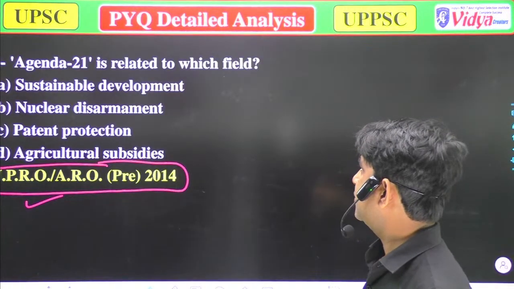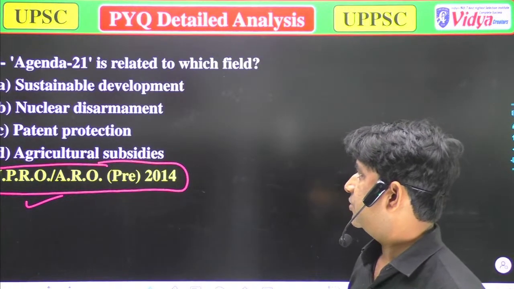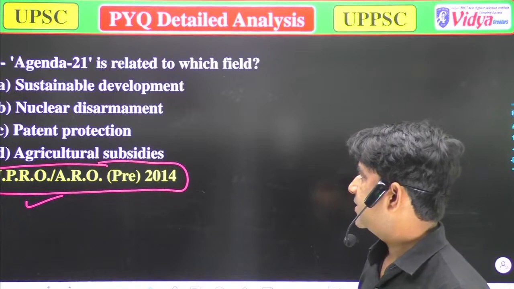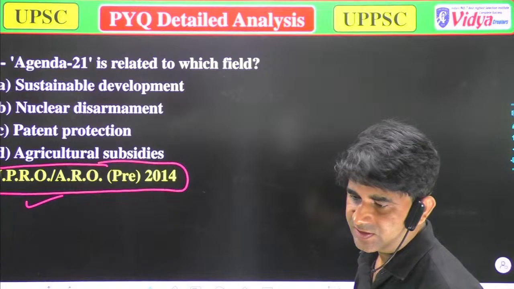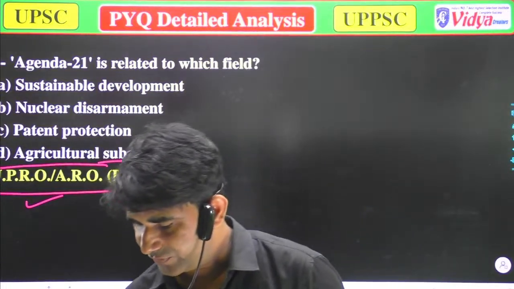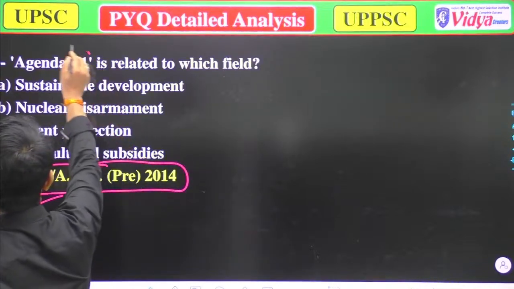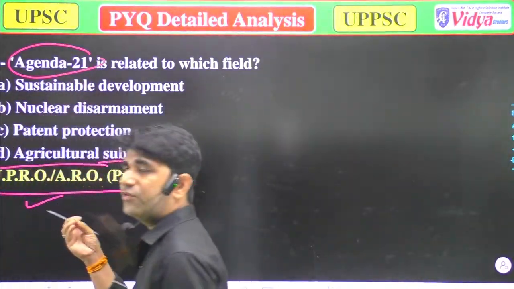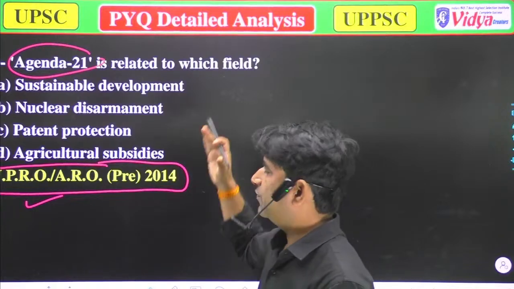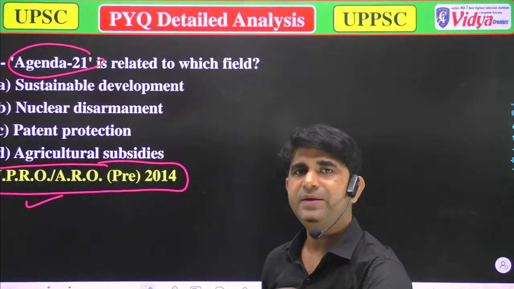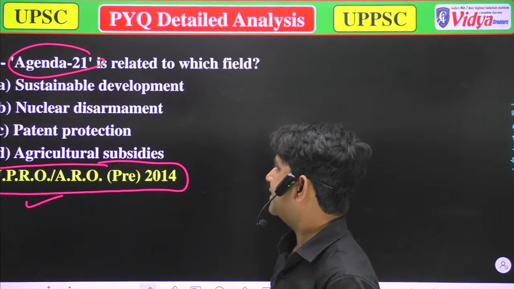Agenda 21 is related to which field? A. Sustainable development. B. Nuclear disarmament. C. Patent protection. And D. Agriculture subsidies. Well done, Arya. This time you are right, because it is Agenda 21. Suppose we have no idea about these options or questions, but you can eliminate some options.